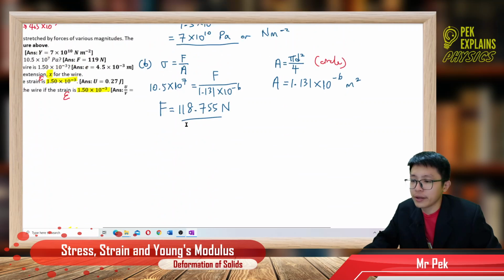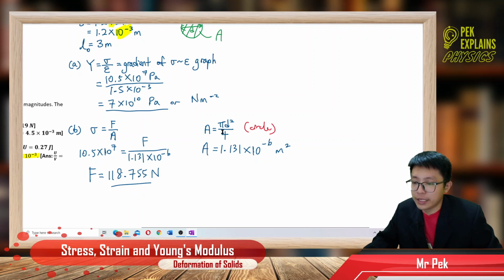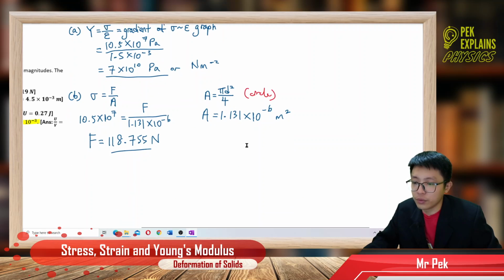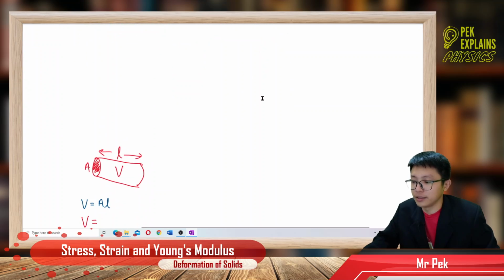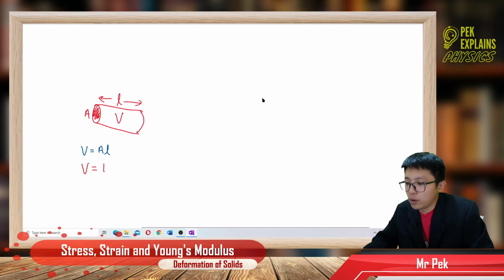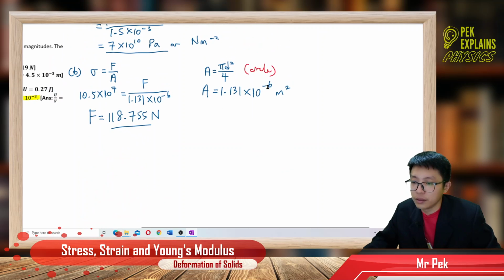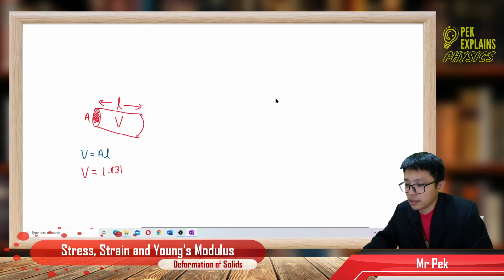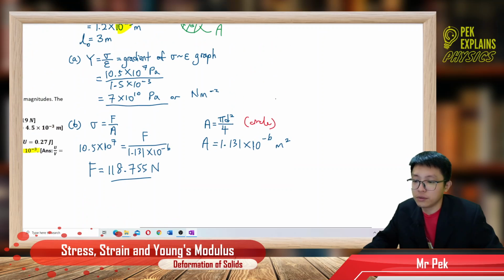What's the area I got just now? Pi d squared over 4 is 1.131 exponent negative 6 meter square, already in SI unit.